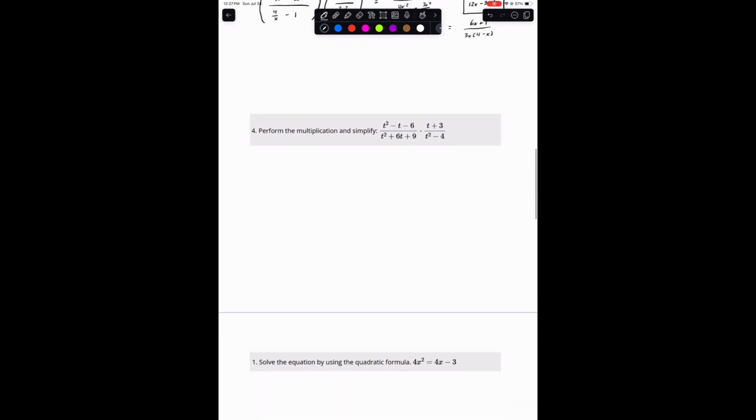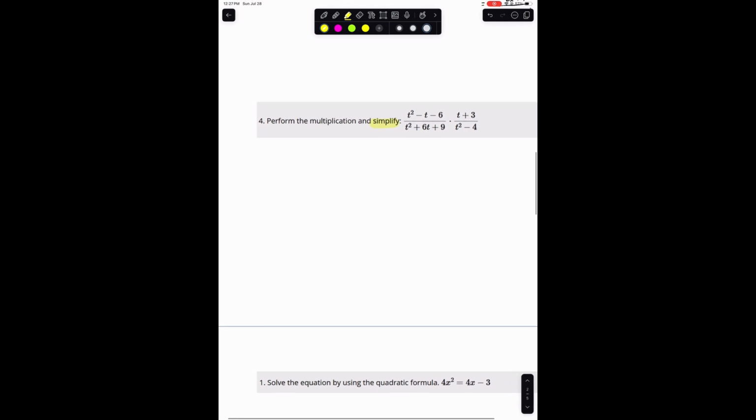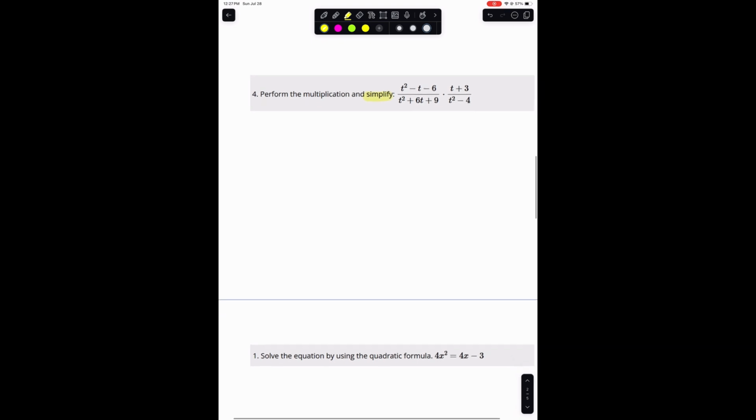Okay, number 4, we are to multiply and simplify. So once again, we are going to factor everything and then cancel out terms and multiply. So let's start with this one here.